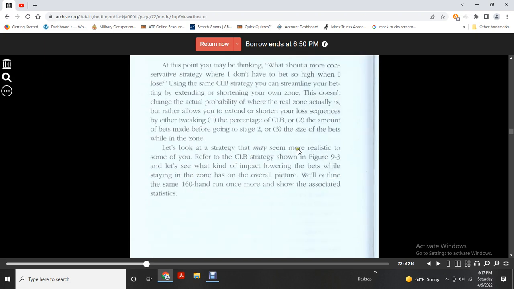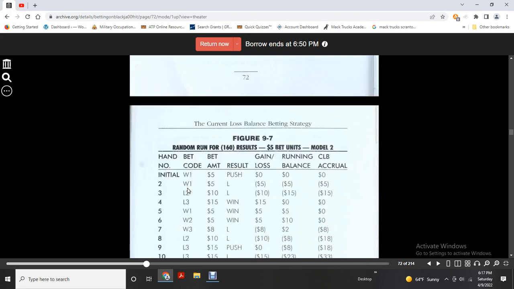The clearance losing bet strategy shown in figure 9.3 lets you see what kind of impact lowering bets while staying in the zone has on the overall picture. Same 160 hand run once more with associated statistics. Figure 9.7, a random run of 160 hands of the 5-bet unit of Model 2.